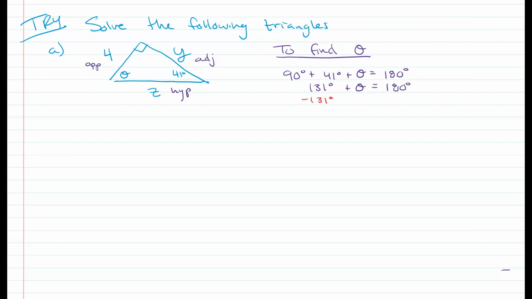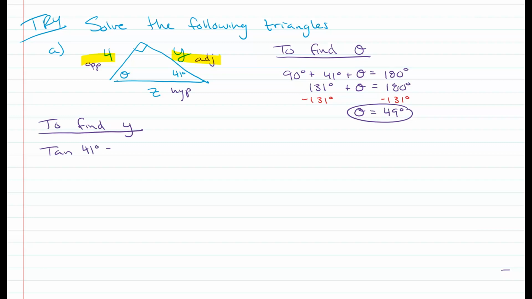And I end up with a bit of algebra, finding that theta equals 49 degrees. I'm going to find y. Y has the adjacent, and the only side that I know is the opposite. So I only want one unknown per equation.